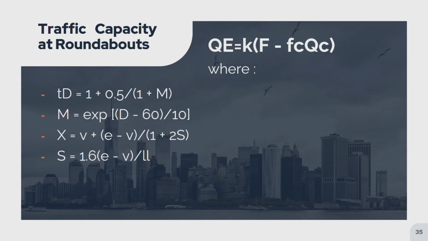Also, the TD is equal to 1 plus 0.5 divided by the quantity of 1 plus M, with M equal to the exponent of the quantity D minus 60 over 10, and X is V plus the quantity of E minus V over 1 plus 2S. Lastly, the S is 1.6 multiplied by the quantity of E minus V over L prime.